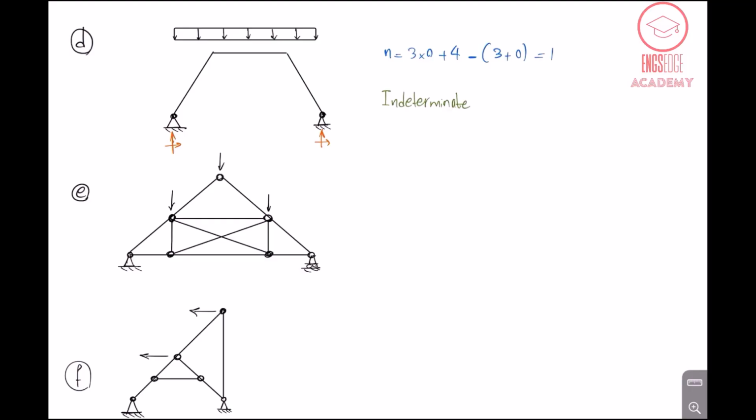The next example is a truss structure. We use the formula N is equal to M plus R minus 2J, where M plus R are the unknowns and 2J are the equations.